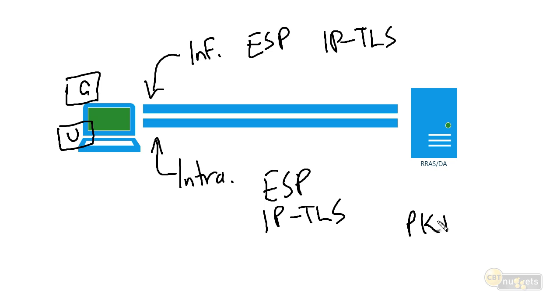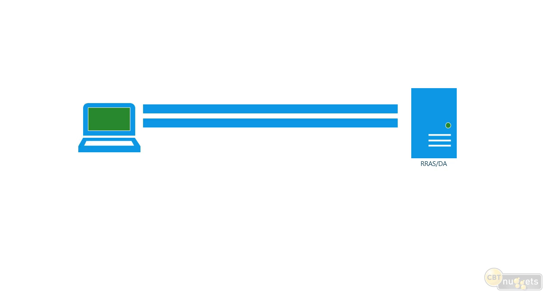Now, in Windows 8, and this is a huge design criteria, if your client computers are running Windows 8 and you've got your DirectAccess running on Windows Server 2012, you don't have to have a PKI and you don't have to buy certificates either.